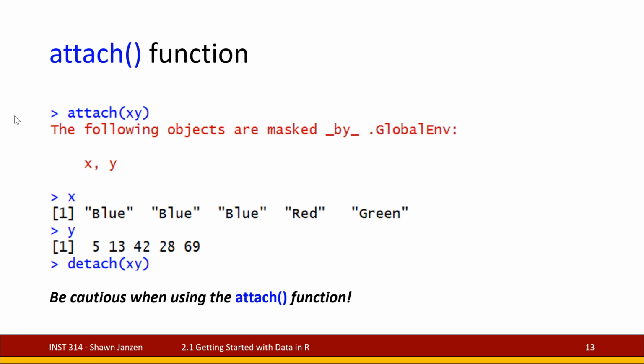If we decide to use at some point the General Social Survey from 2016, which is the primary one you're going to be working with, and another one from a previous year where we might be looking at some different variables, they may share some common ones, like say gender. And if I attach both the GSS 2016 and the GSS from a previous year, and I say, okay, give me the gender variable, R might hiccup and give me the gender variable from the wrong data set. So it's playing with fire.